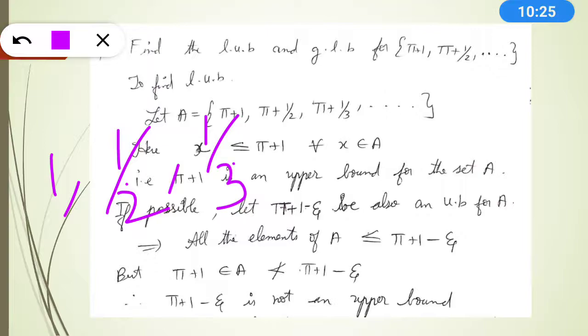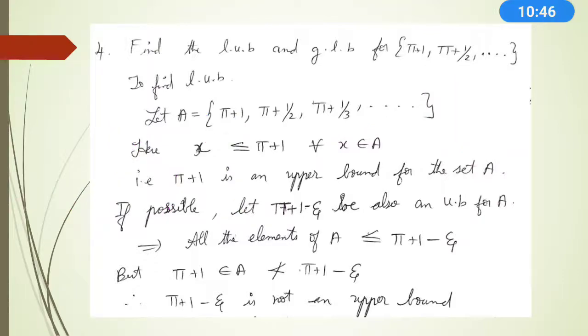So it is in decreasing order, but it does not tend to infinity. At last what will happen? 1 by n, when n tends to infinity, it will become 0. My last element will be what? Pi. Okay, this is a bounded set. We can find the least upper bound and greatest lower bound.